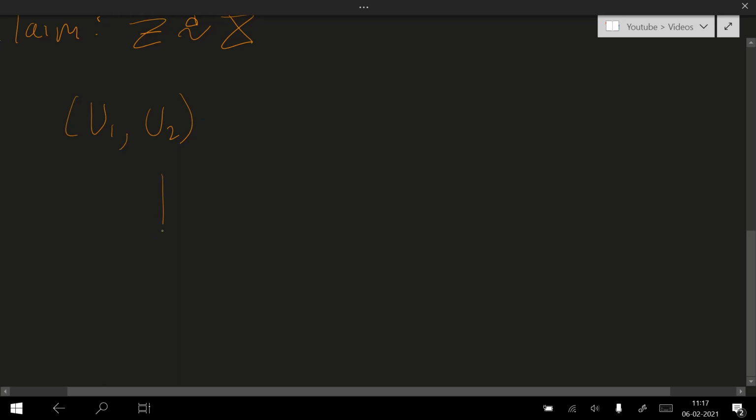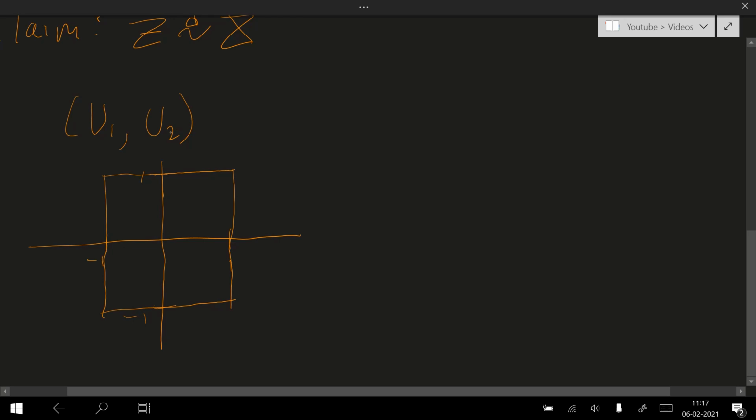If we draw a coordinate system, we have -1 here and 1 here, and our u pairs will lie within this box. Somewhere in here our u1, u2 will lie.